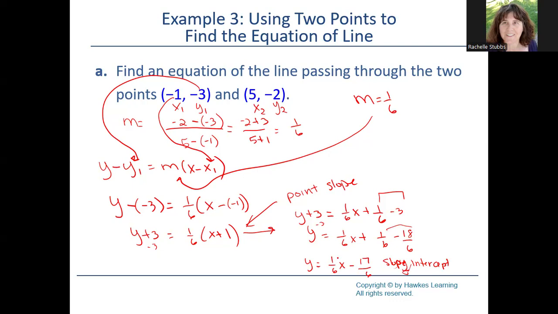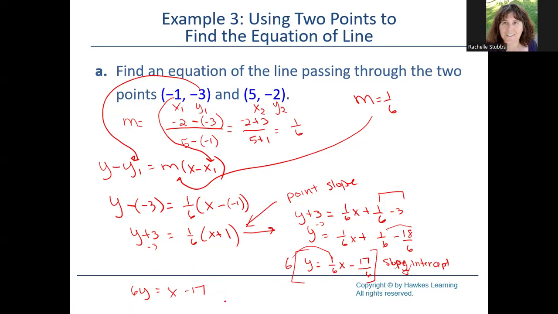And then finally, we're going to put that in standard form. So I take this, and my denominator here is 6. So if I times everything by 6, 6 times y is 6y. 6 times 1/6 is just 1. 6 times a negative 17 is just a negative 17.